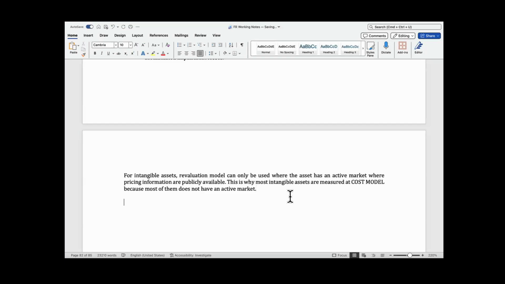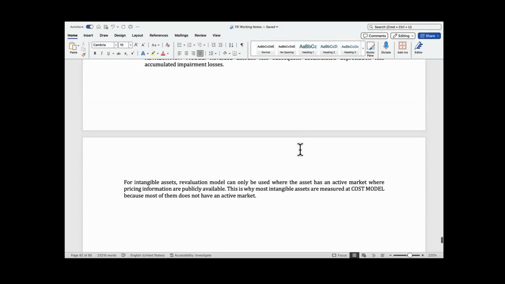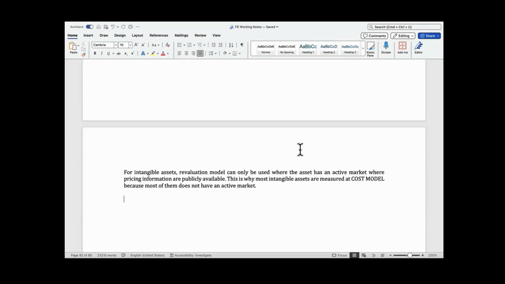Now, for intangible assets, most intangible assets have an indefinite useful life.